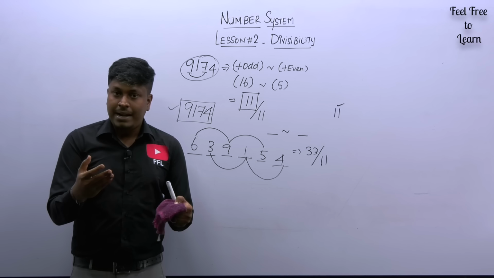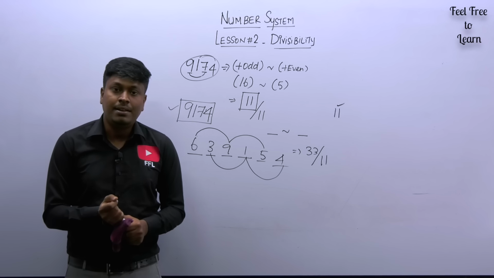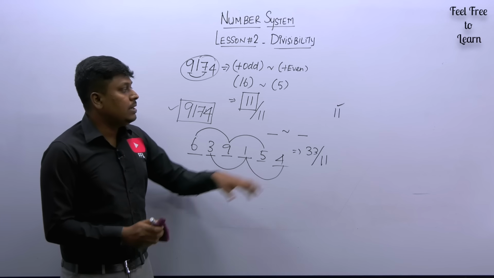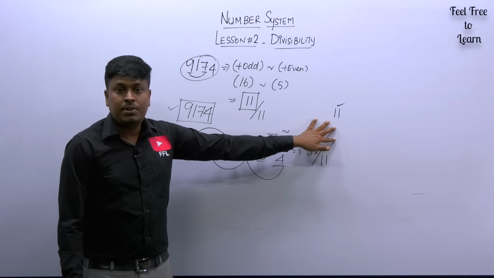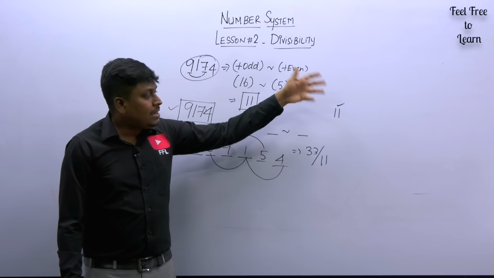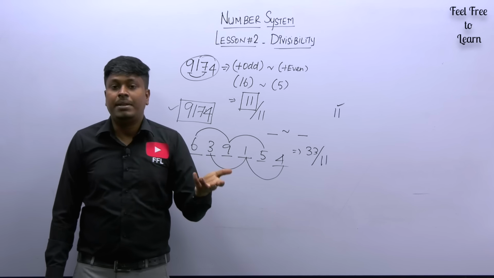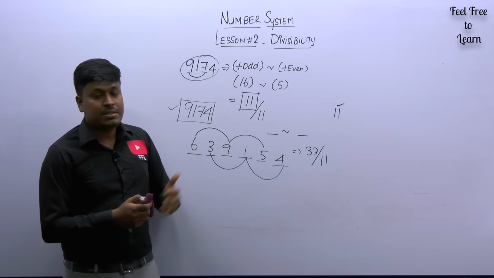That comes only with practice. I will teach all those shortcuts later on my YouTube channel, but before that, you need to learn this divisibility rule. After learning it, take as many numbers as you can and start solving them by checking which divisibility rule is applied.